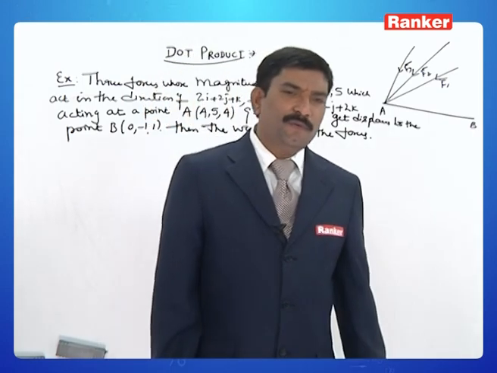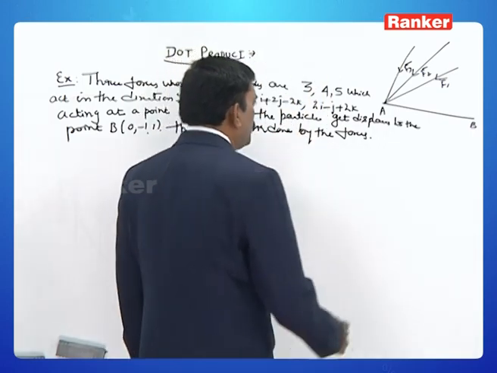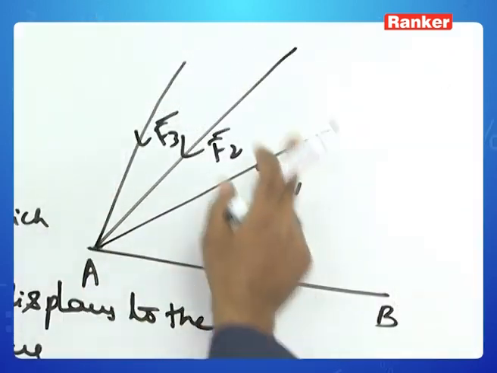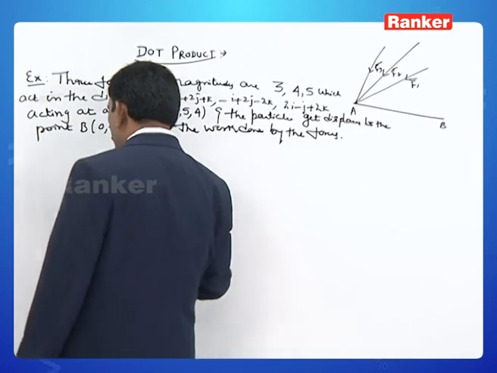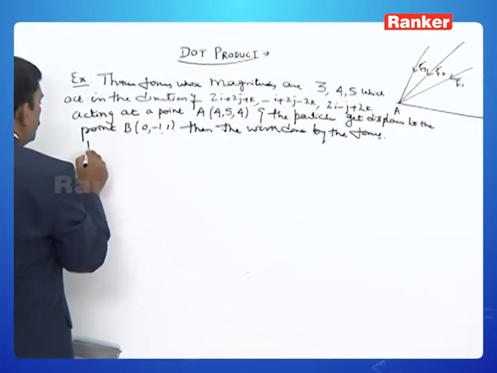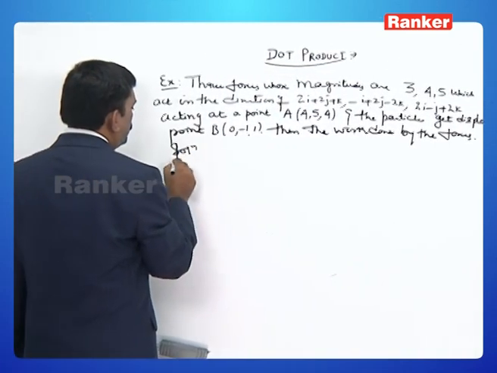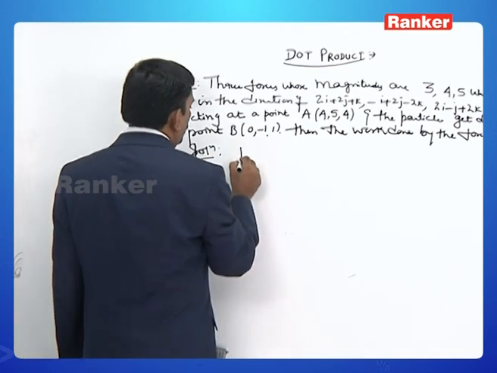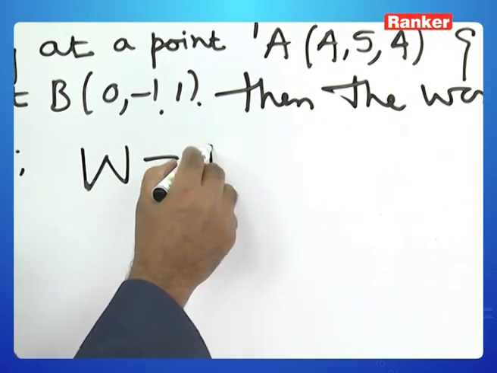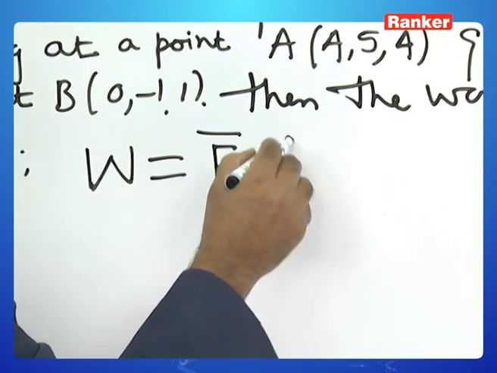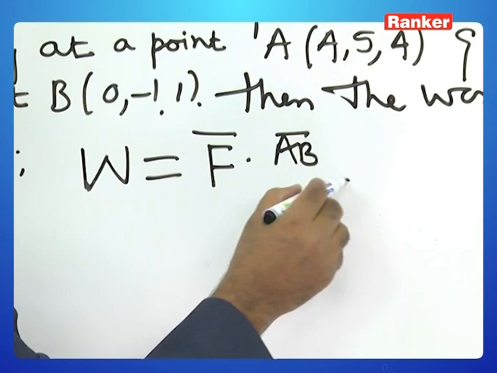So now I want to find the resultant force, the sum of all the forces acting at point A, with the magnitudes. The solution of this one: the work done by the three forces is nothing but capital F bar dot AB bar.